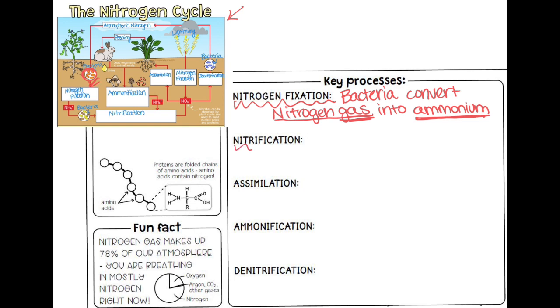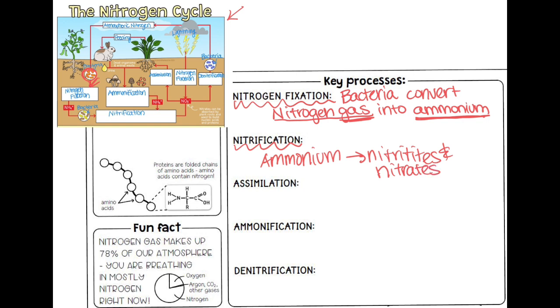All right, then we have nitrification. This is when we have the ammonium. Let me get my pen here. Ammonium gets turned into nitrites and nitrates.